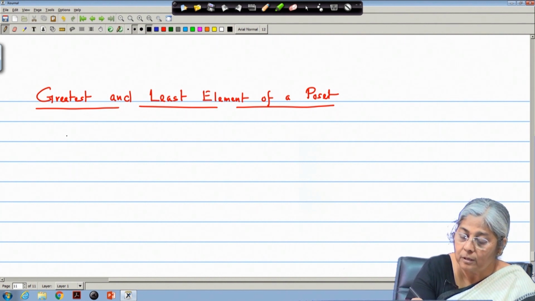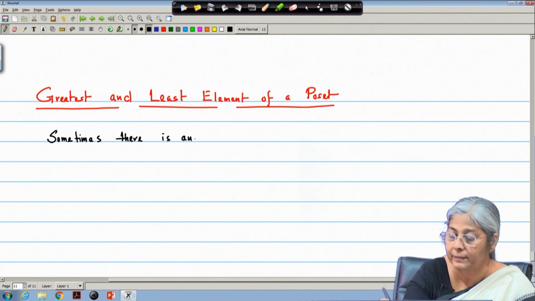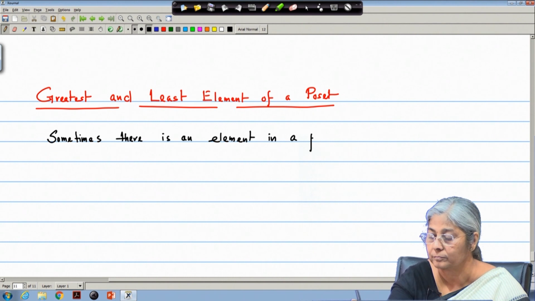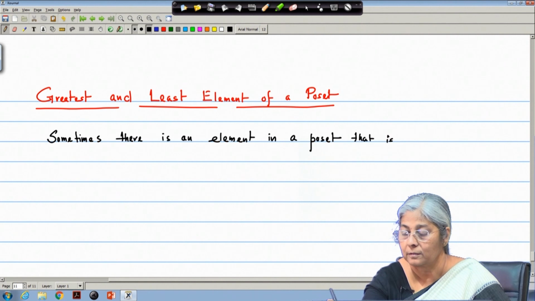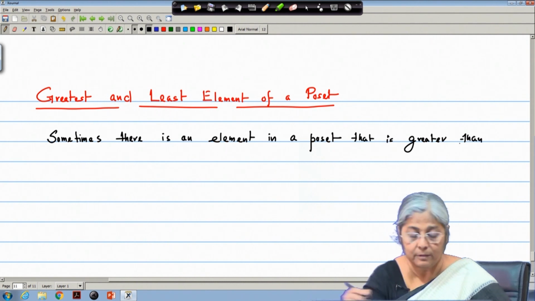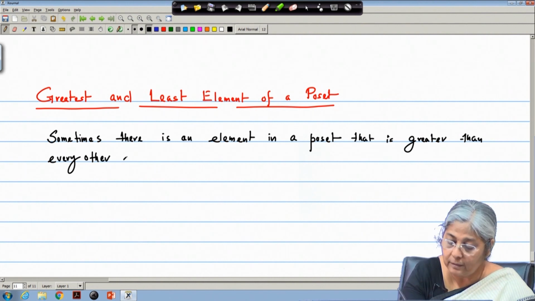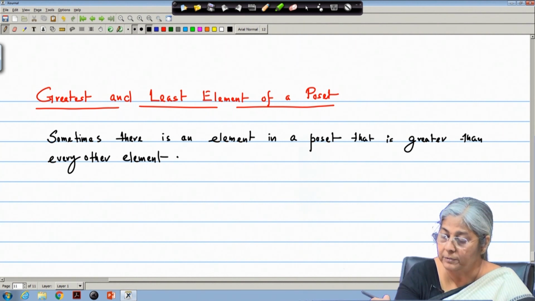Sometimes there is an element in a poset that is greater than every other element of the set.